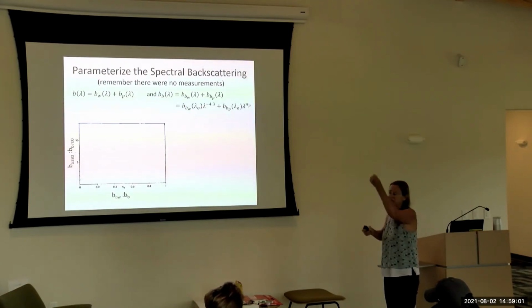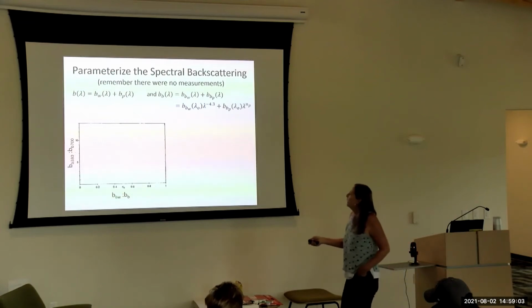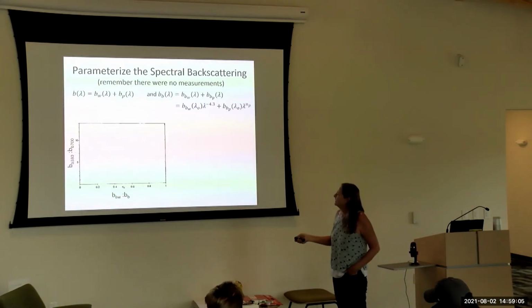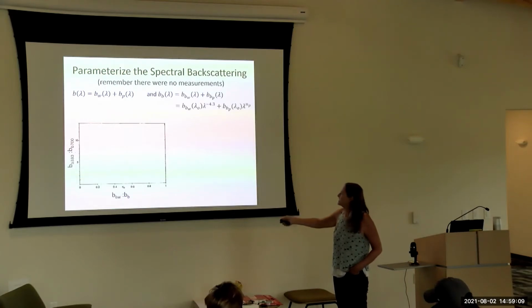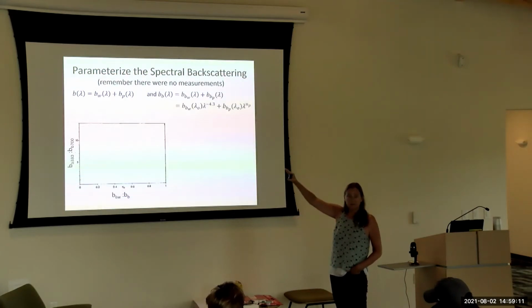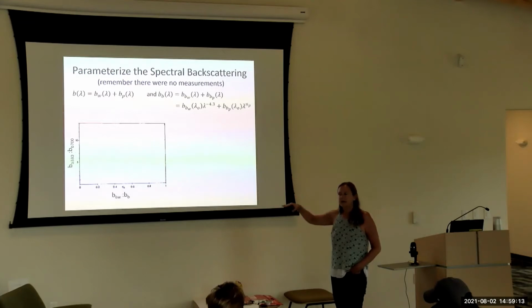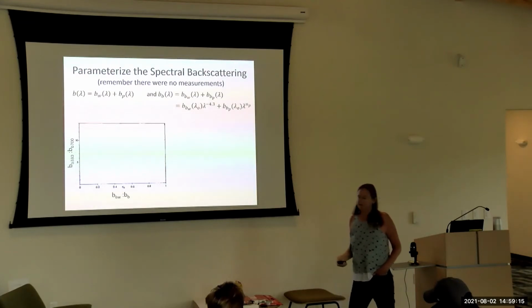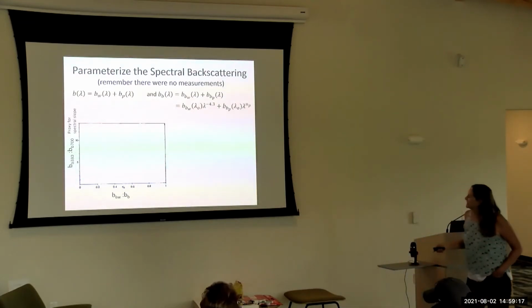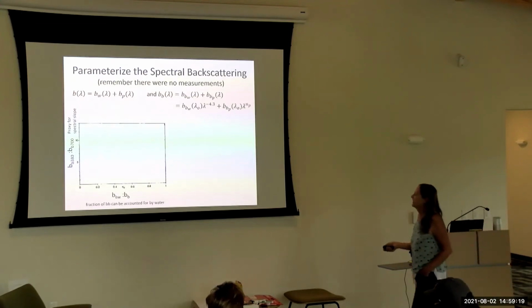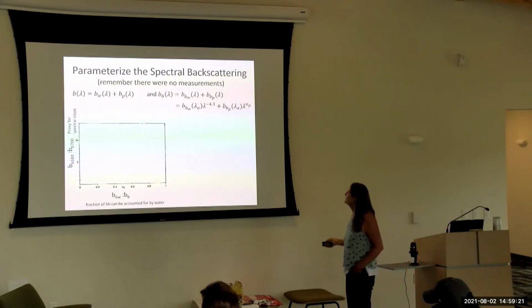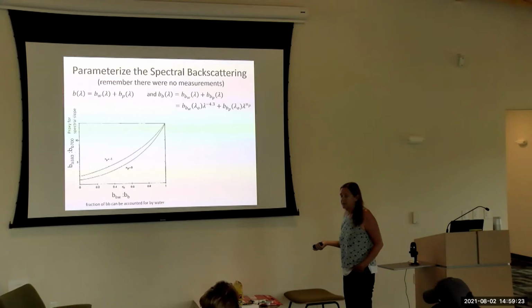What's the ratio, right? So when it's 1, that means it's flat, right? When it's 14, it means it's really steep. So they're going to come up with a relationship between these two things. All right. So that's a proxy for spectral slope, and that's the fraction of bb that can be accounted for by water. All right. So this is what they come up with.